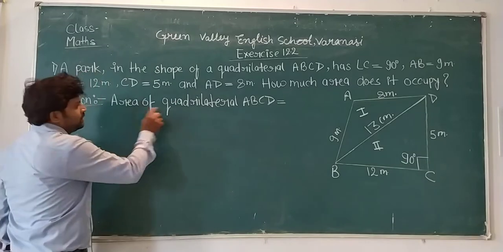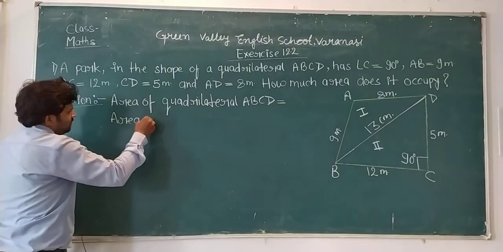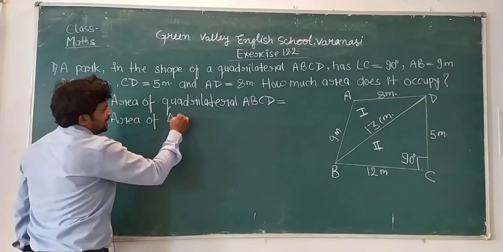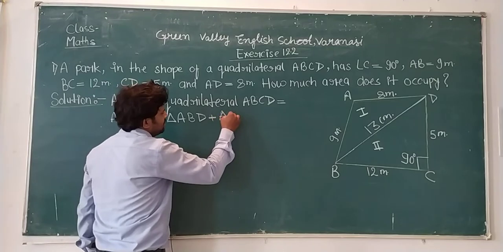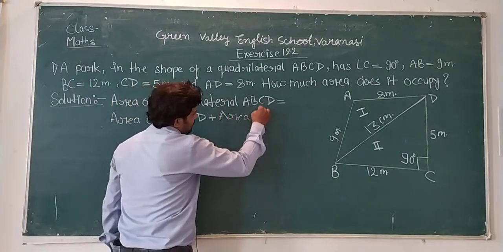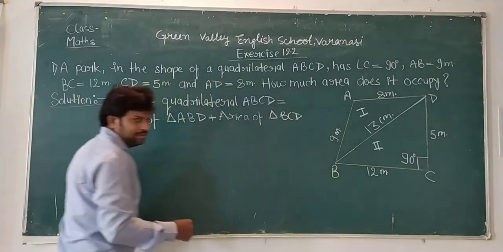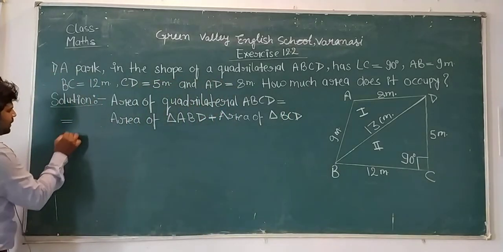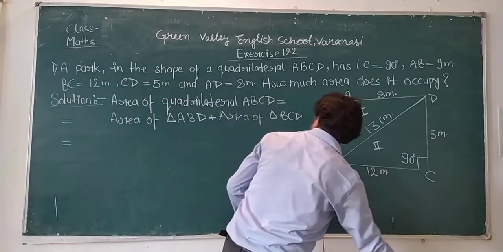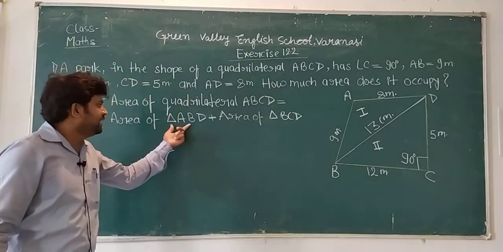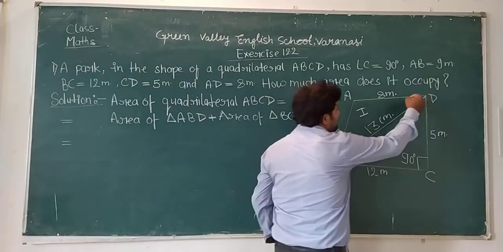Then area of quadrilateral ABCD is equal to area of triangle ABD plus area of triangle BCD. Next, we are going to find the area of triangle ABD, this triangle.